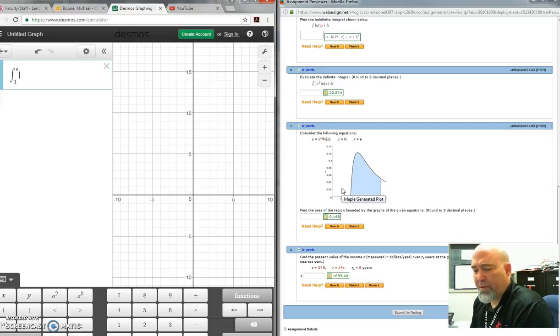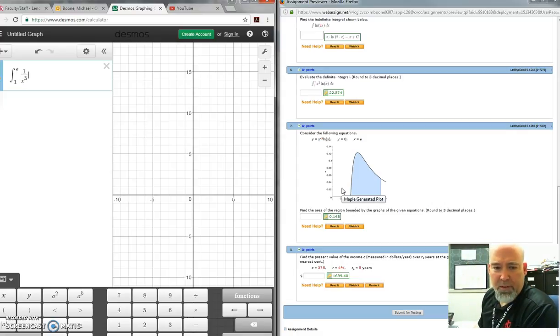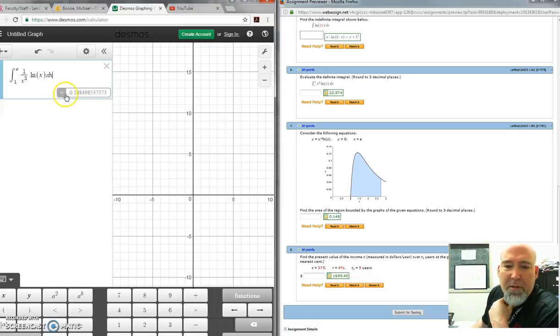We put in our function, that's x to the negative 3, or I guess 1 over x cubed, might be easier for me to put it in that way, times natural log of x dx, and it will give me that value, 0.148.